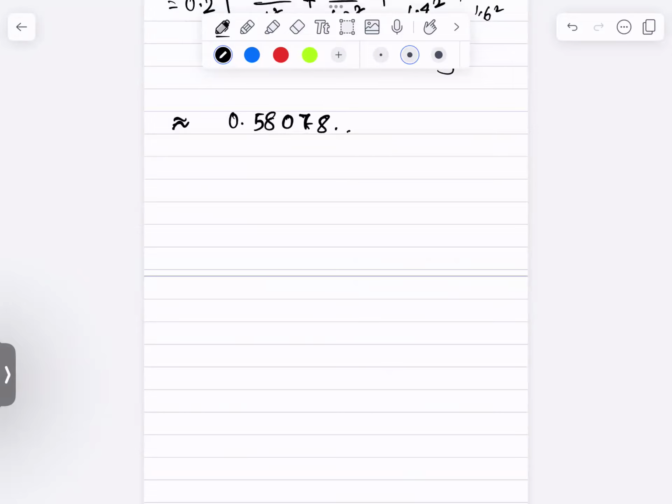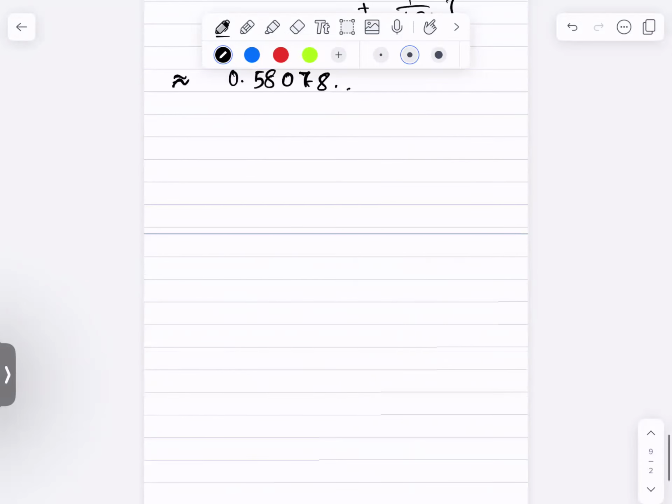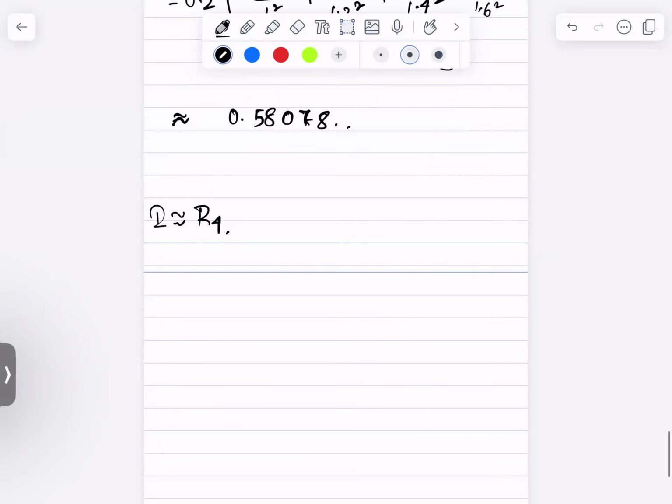The next problem was, say I denote this integration. The next problem was to find R4. So here you can see my n is 4. My b and a are exactly similar.